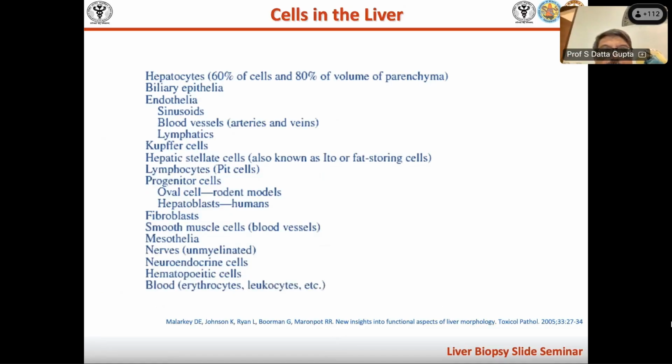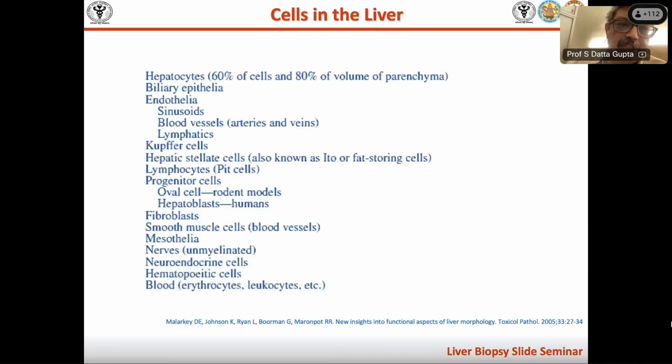Now, having said that, let's come to the other things regarding the normal liver. The normal liver has at least 17 different kinds of cells, but we generally tend to see only one or two of them, right?